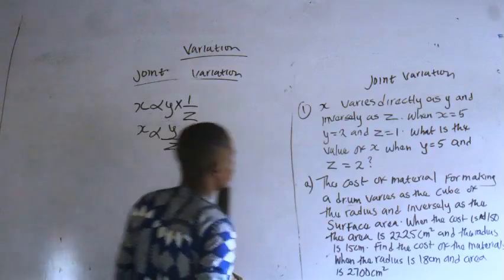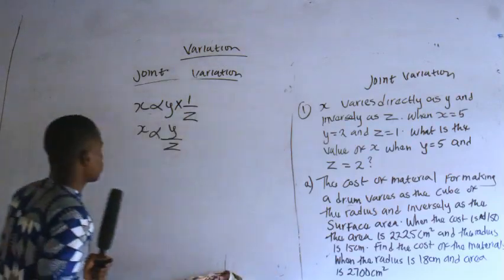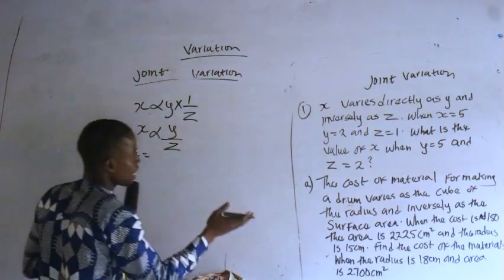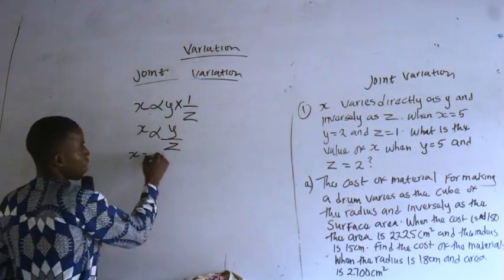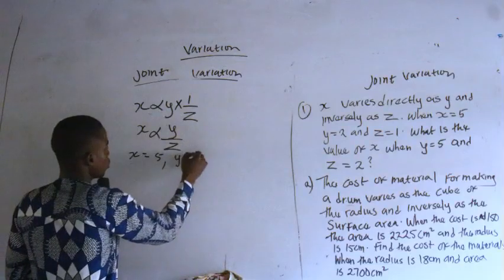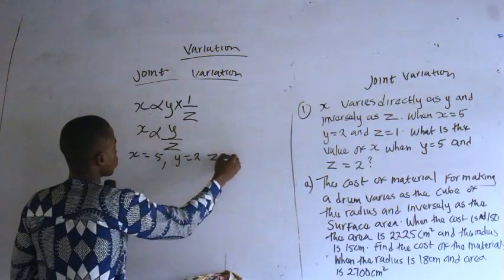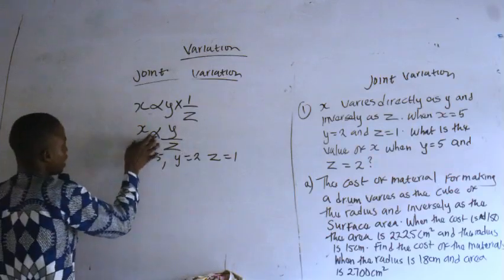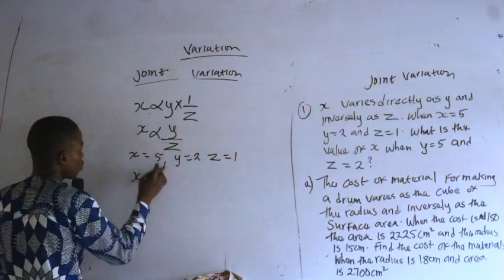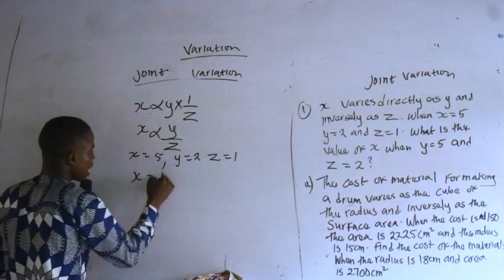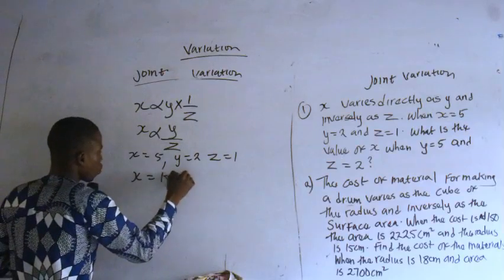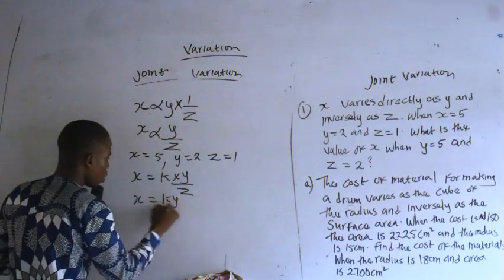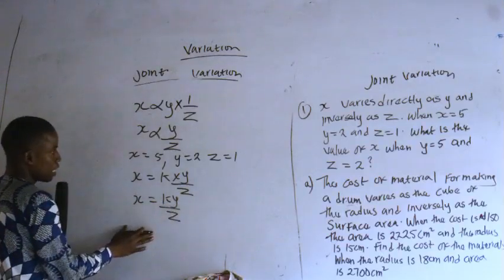It will now be X equals Y all over Z. Now, what did they give us? They said X equals 5, Y equals 2, and Z equals 1. We apply it. Let us find the K. It will be X equals K times Y all over Z. Are you getting me now?